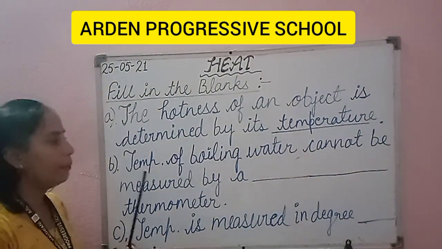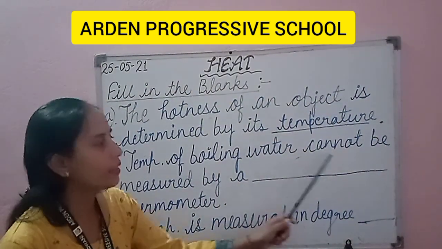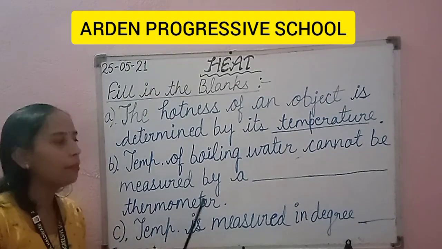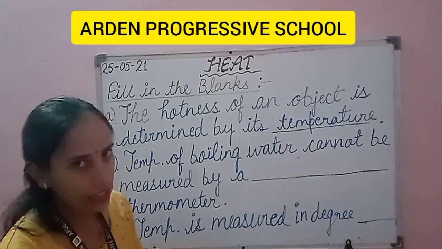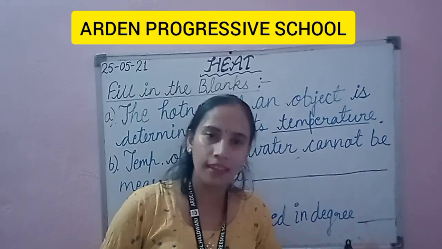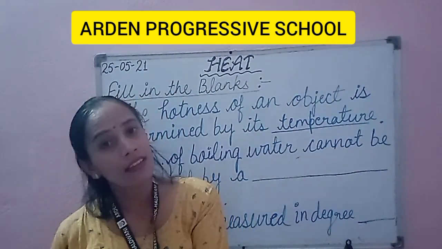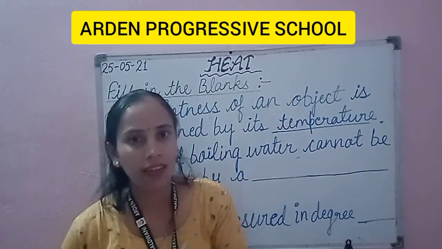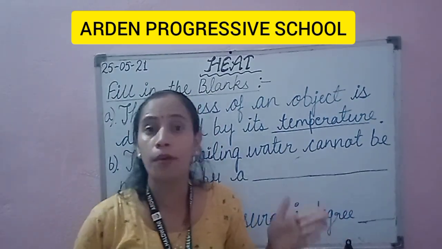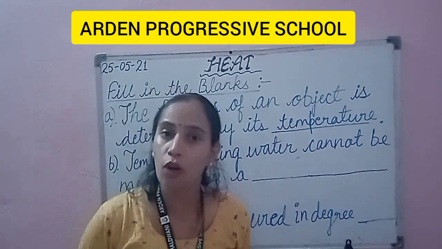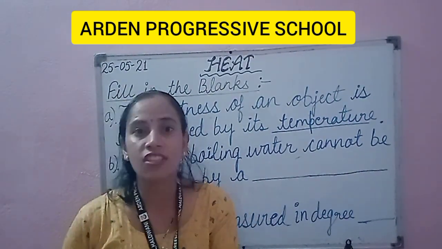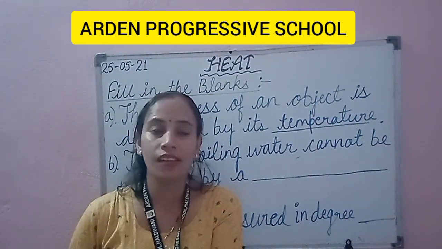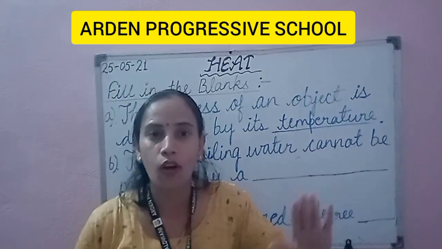Next: temperature of boiling water cannot be measured by a dash thermometer. We have discussed there are 2 thermometers, one is clinical and the other is the laboratory thermometer. The clinical thermometer is used for measuring the temperature of a human body, and the laboratory thermometer is used for measuring the temperature of other objects.